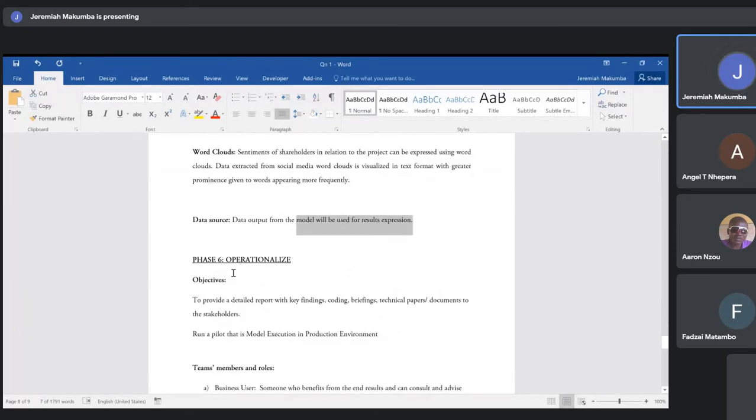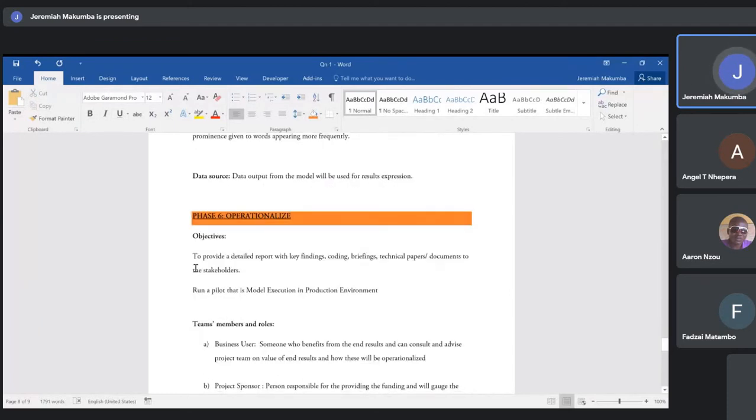Then the last phase, which is operationalization, right? The objective of this phase is to provide a detailed report with findings, coding, briefings, technical papers, and documents to stakeholders, to run a pilot or prototypes, that is the model execution in production environment.